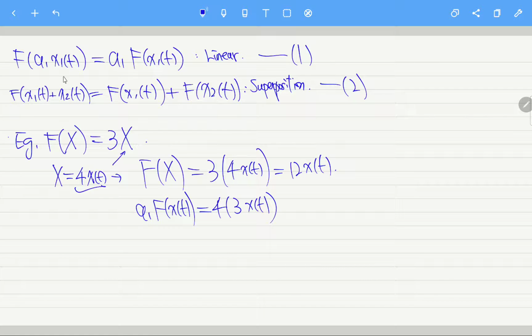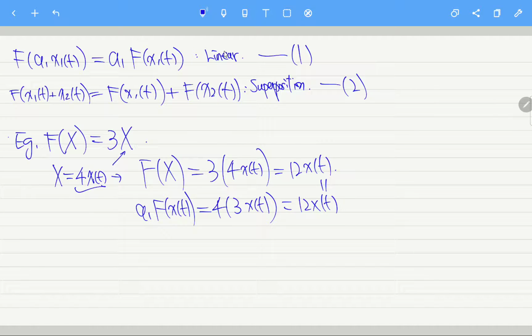So when we calculate, this term will be 3 times 4 times x of t, which is 12. And when we calculate this term, a1 is 4, so we have 4 times it. So we still have 12 x of t. So these two are the same, so it satisfies the linear property.